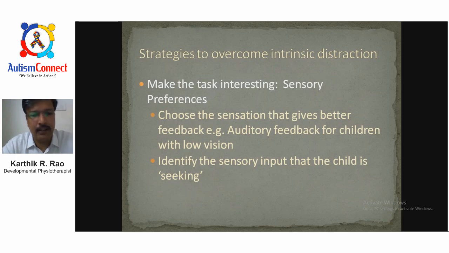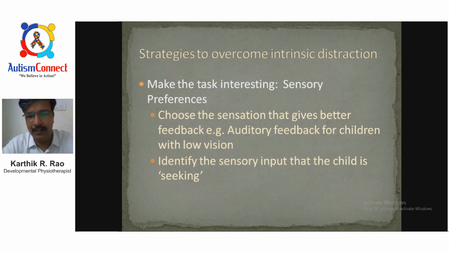The other thing is to identify the sensory input that the child is seeking. We know children with special needs have a lot of sensory seeking and sensory avoiding behaviors. If the child is avoiding touch experiences, most likely the child would be seeking proprioceptive inputs, right? So instead of trying to give him input which the child is avoiding, always give input based on the sensory system which the child is seeking.